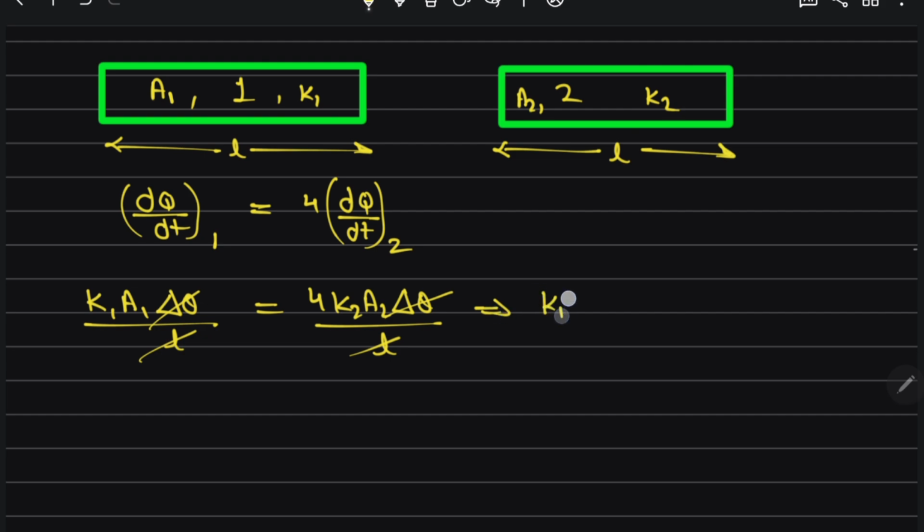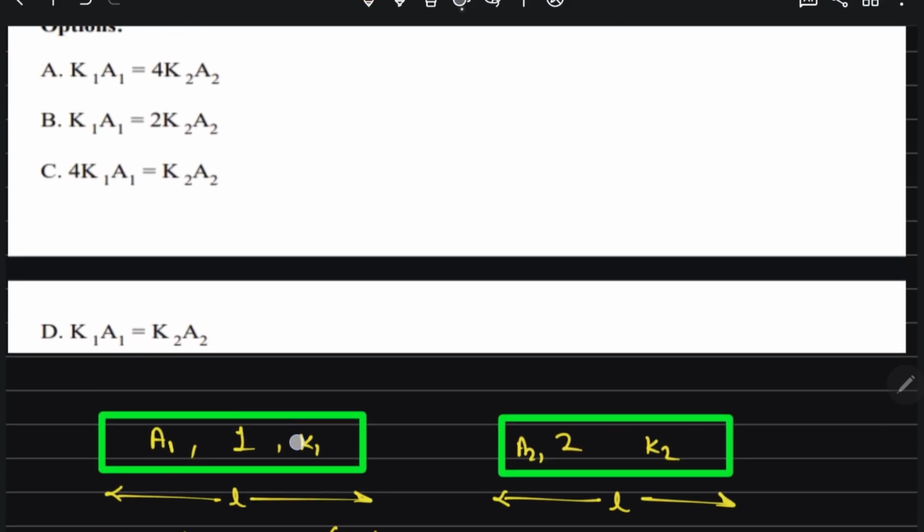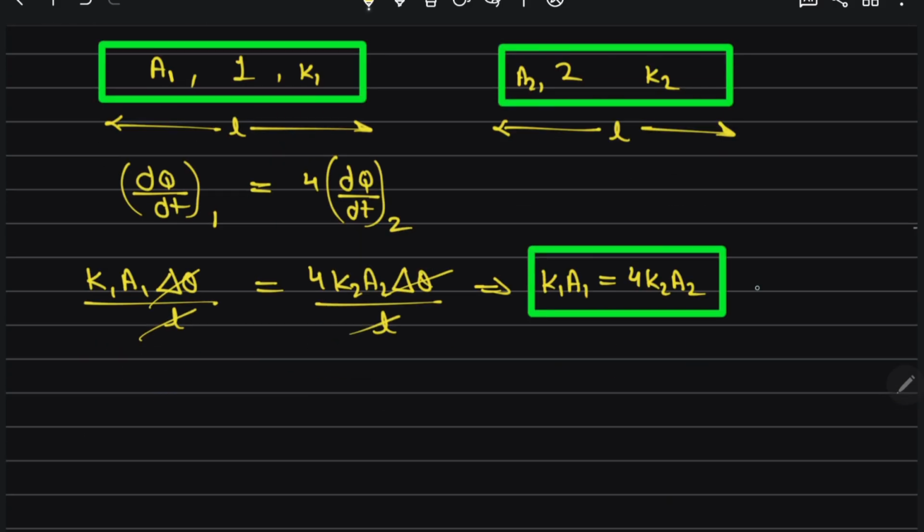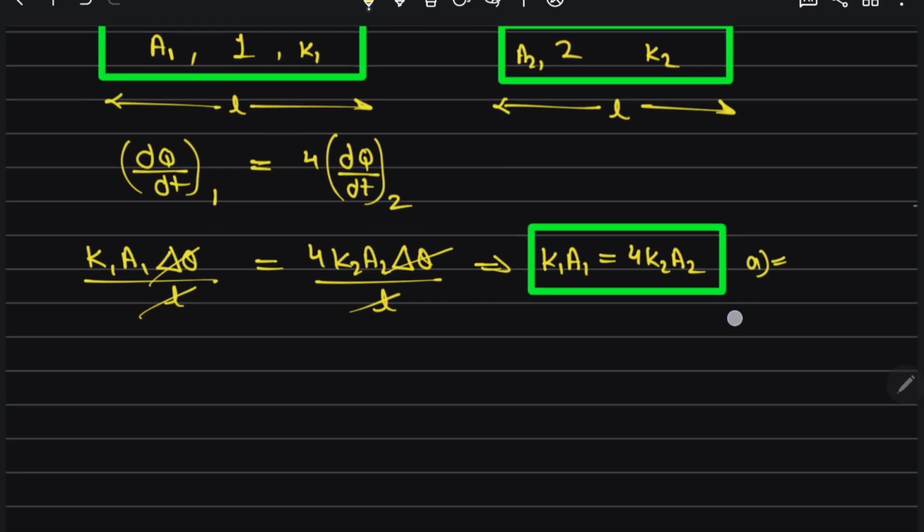So K1 A1 is equal to 4 times K2 A2. Option first is correct.